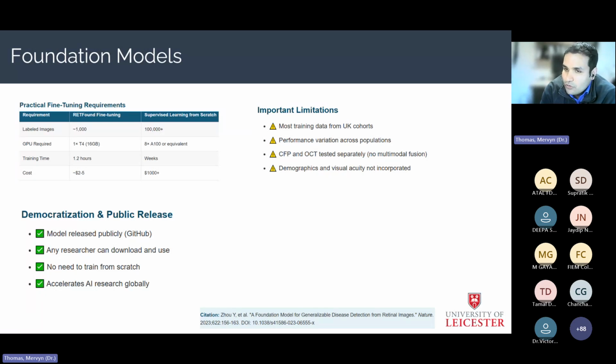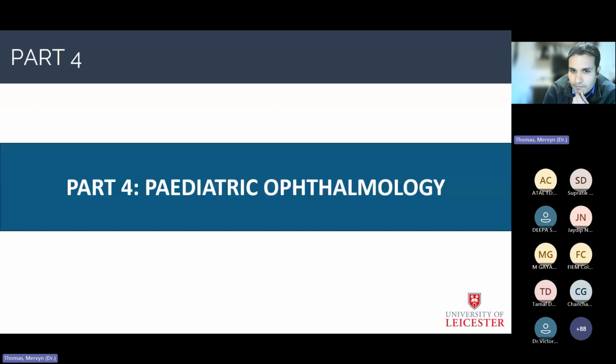This is an ongoing issue that you can see even from Google Health's previous work. They didn't do any multimodal fusion. They did separately color fundus photos, which are the 2D images, as well as the OCT, which is the 3D images, but they didn't fuse the data together. And they didn't really incorporate any demographics or visual acuity into their models. So those are some of those limitations.